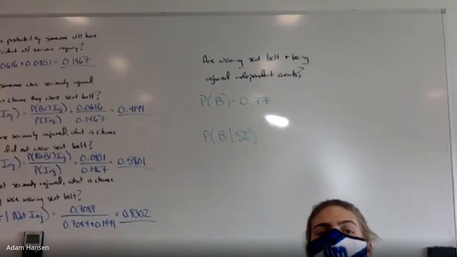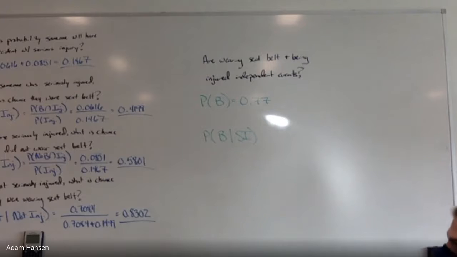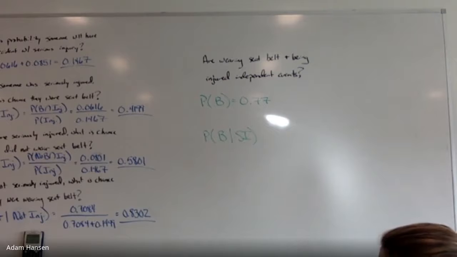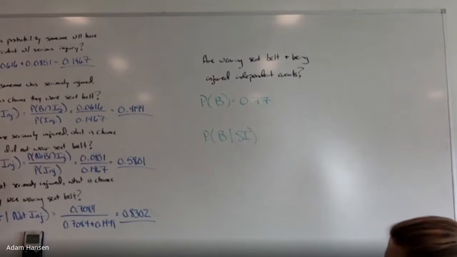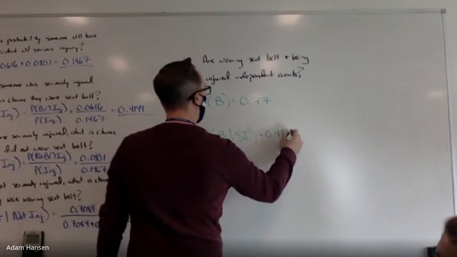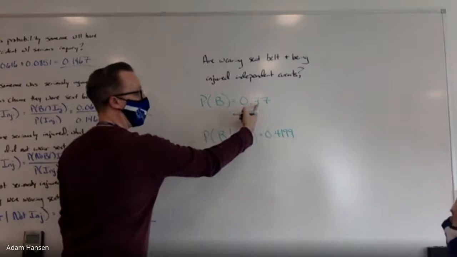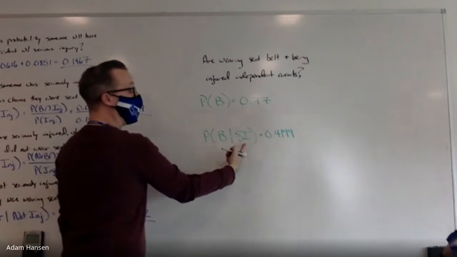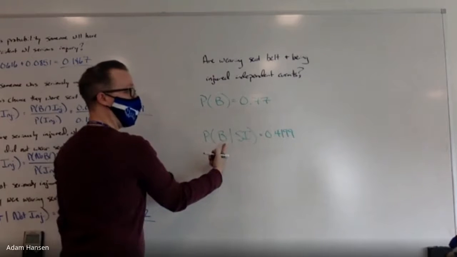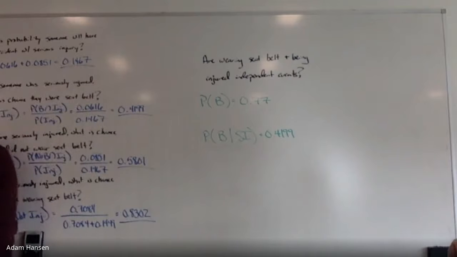Belt given injury, I think I've already answered that. Right here, that was 0.4199. If you were wearing a belt, there's a 77% chance of that happening. Now, if I know you're seriously injured, the chance you were wearing a belt is now what?